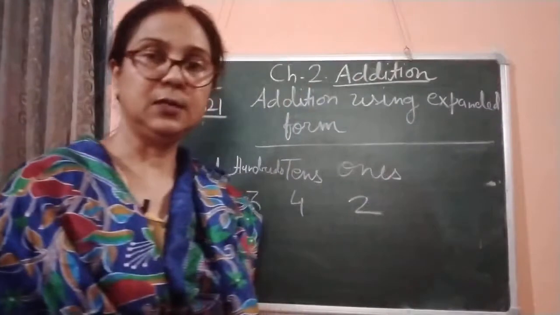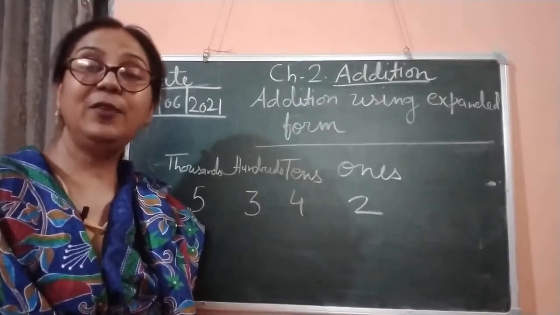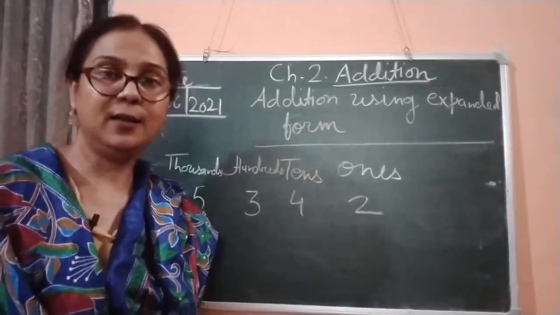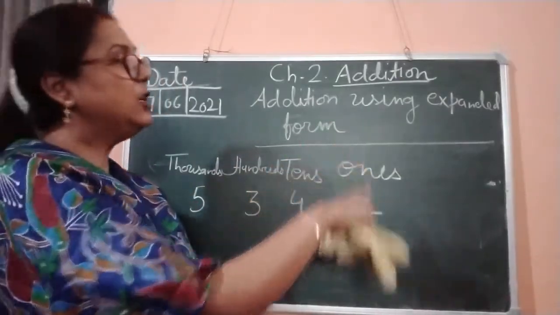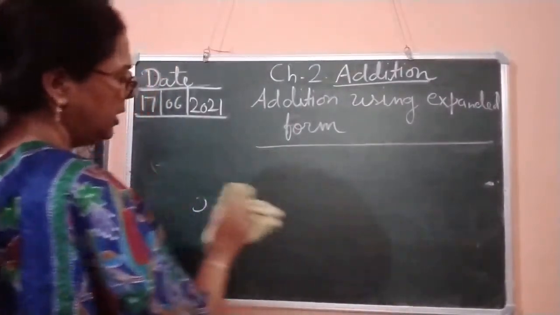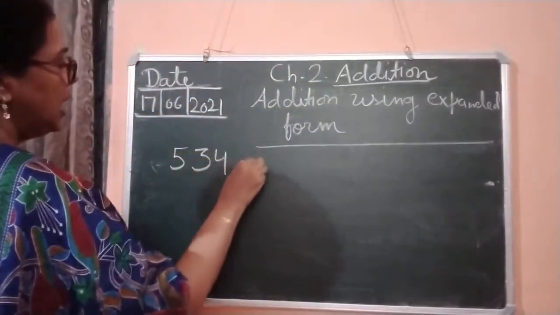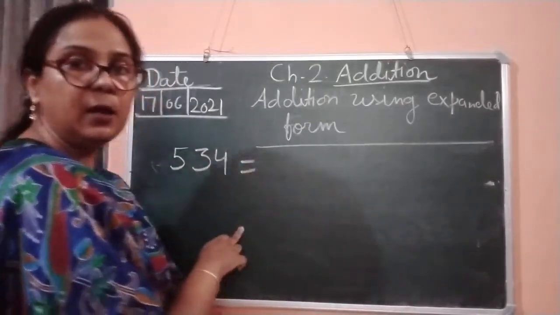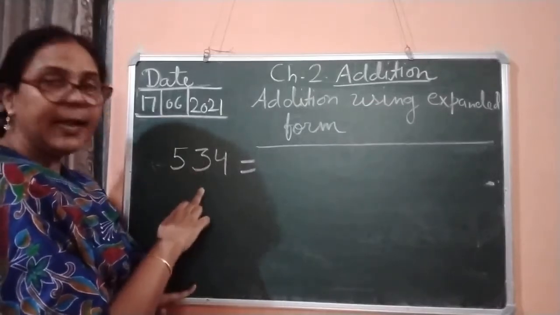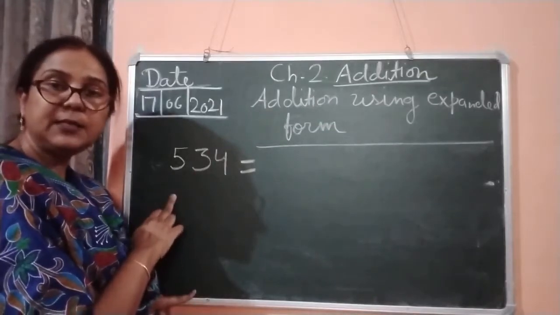Now on the basis of this we are going to expand the number. We will learn to expand the numbers and then we will learn to add. What is our topic? Addition using expanded form. Now here, if it is written 534, how can we expand? First of all, what is in ones place? That is 4. What is in tens place? That is 3. Now what is in the hundreds place? That is 5.